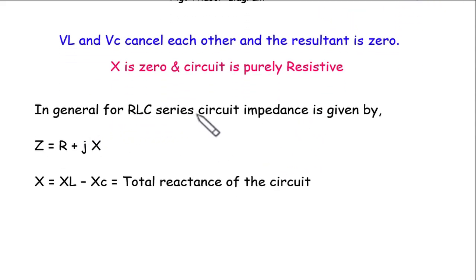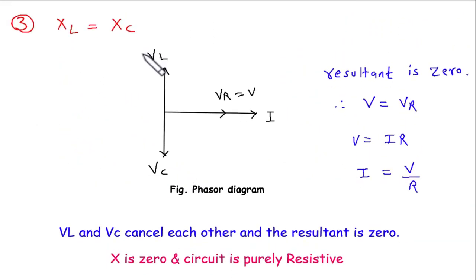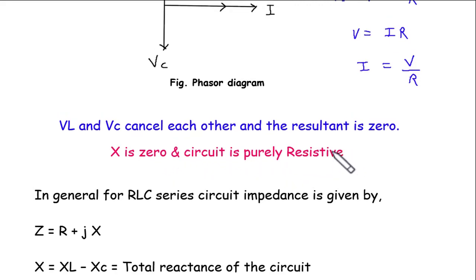In general, for RLC series circuit, impedance is given by Z is equal to R plus JX, and X is equal to XL minus XC is equal to total reactance of circuit. So here we can see when XL is equal to XC, that time X is 0 and circuit is purely resistive.